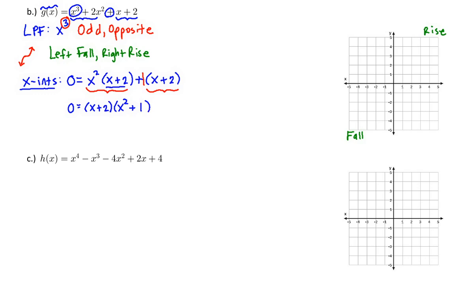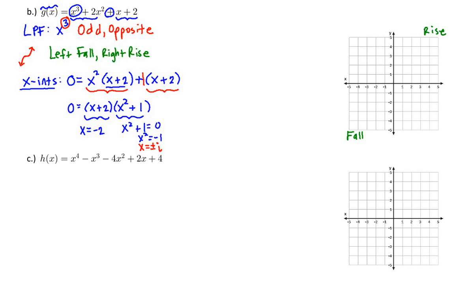Now we can set each factor equal to 0 and solve for x. The 0 that comes out of this factor is x equals negative 2. Now the zeros that come out of this factor, if I set it equal to 0 and solve for x, notice when we take the square root of both sides there, we're going to get plus and minus i.